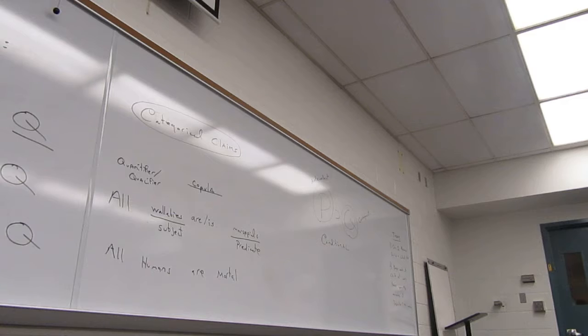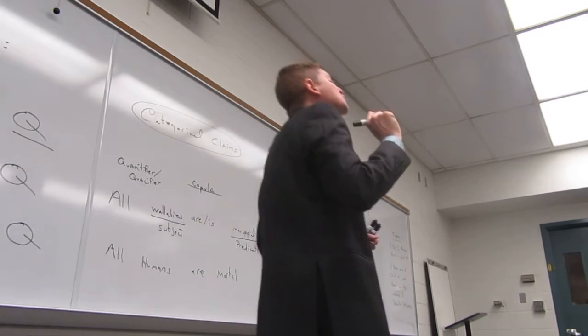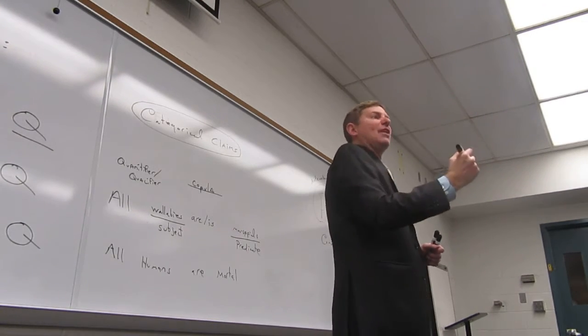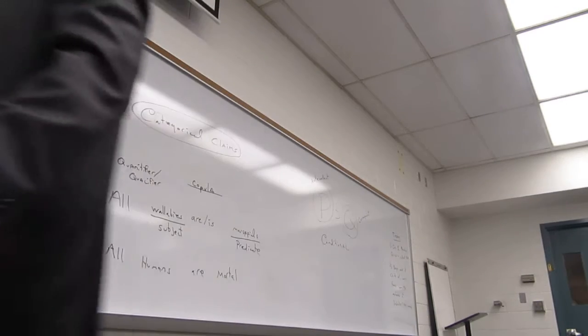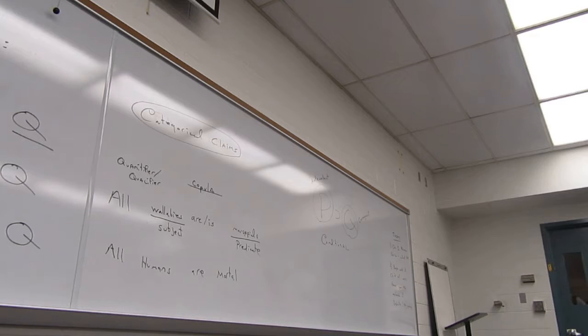Now, folks, you may have seen in the textbook, how many of you saw this word mood? Good. The mood of a syllogism refers to the letters that designate the three statements found in that argument. That's why when you saw this one, all humans are mortals, all Greeks are humans, therefore, all Greeks are mortals.